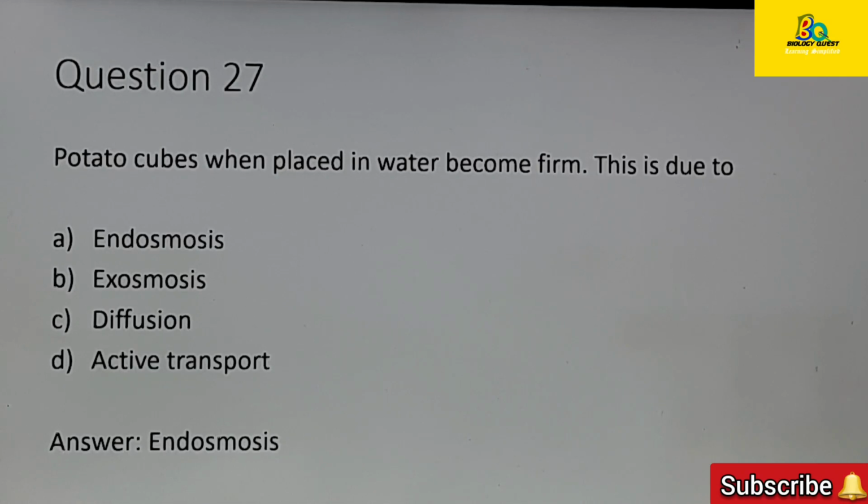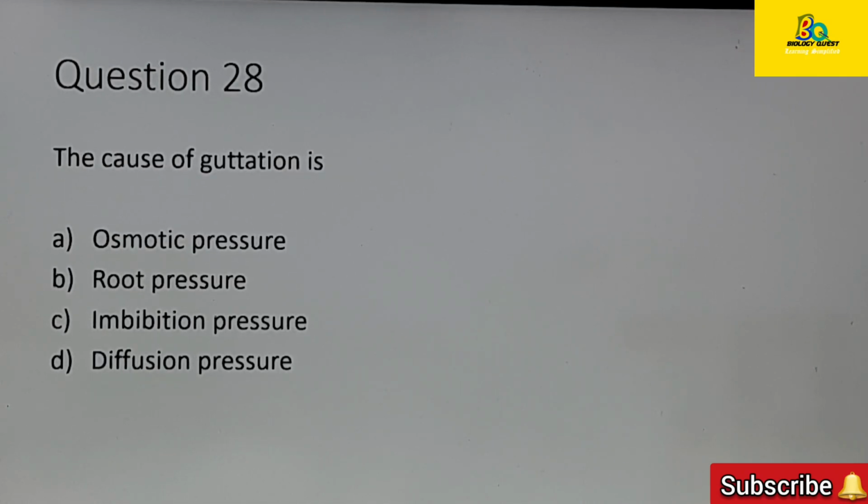Next question. The cause of guttation is osmotic pressure, root pressure, imbibition pressure, diffusion pressure. What is guttation? In certain plants, during the early mornings you can see tiny droplets of water along the margins of the leaves.